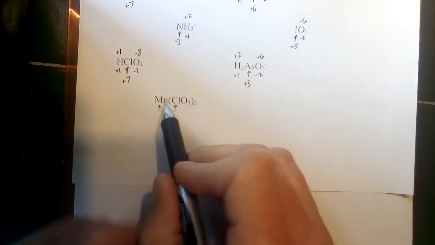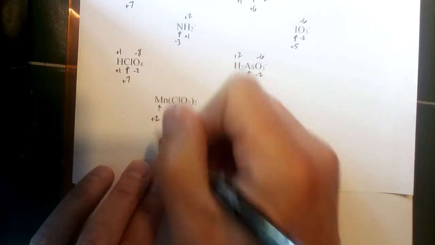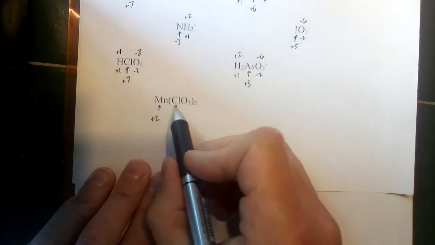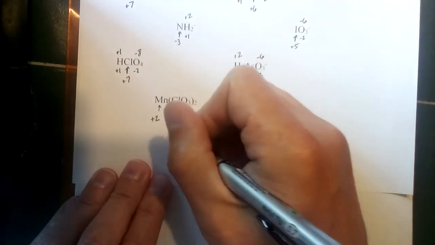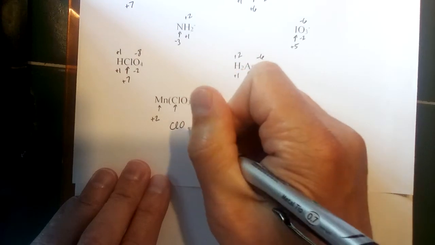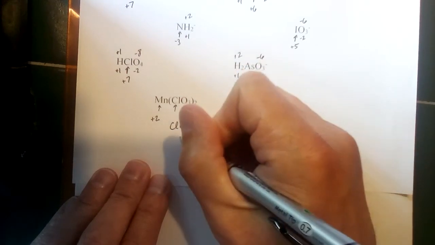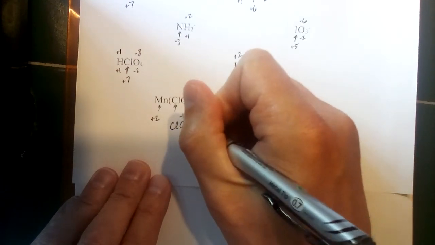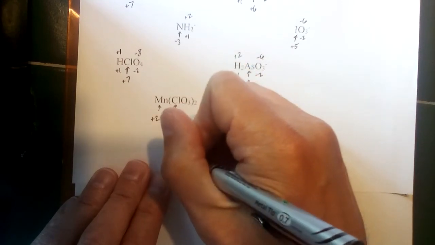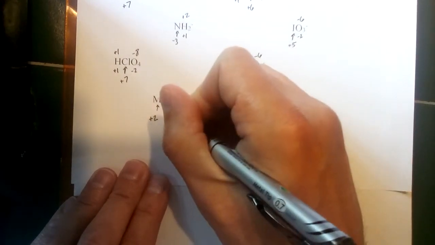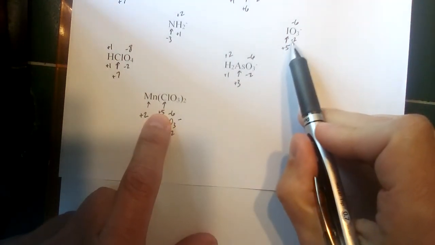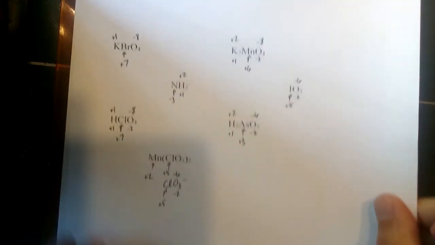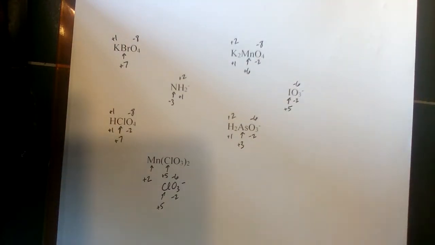There's 2 of them, that's -2, so this is manganese +2. Right? Now the chlorine in the chlorate would be another thing we'd need to think about. So pull out that ion, ClO3 minus, again -2 for oxygen, that's a total of -6. So the chlorine here is +5 in the chlorate ions. And notice +5 in chlorate, it's +5 in iodate. There are similarities there across those formulas.